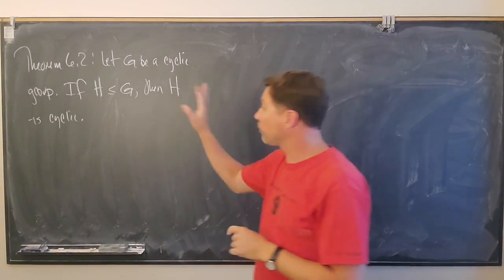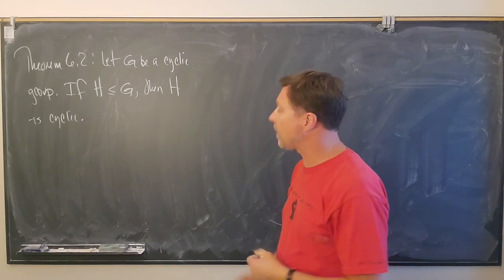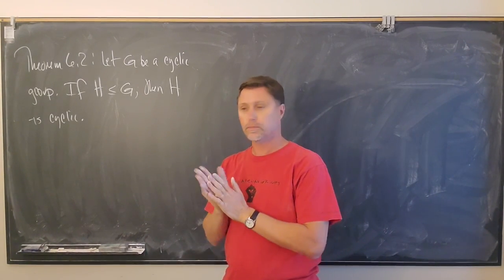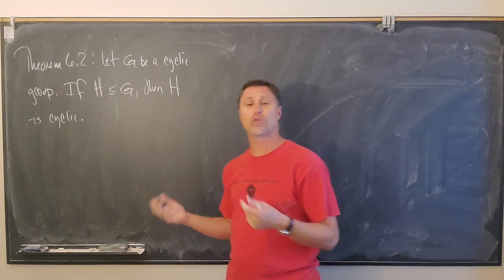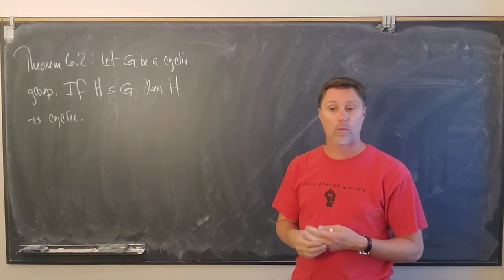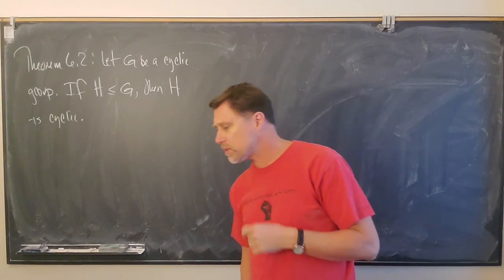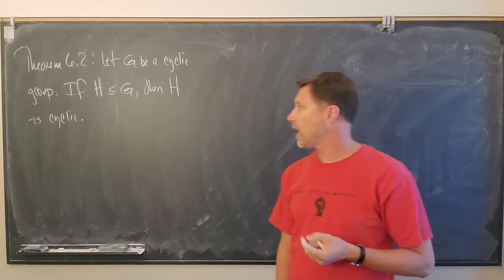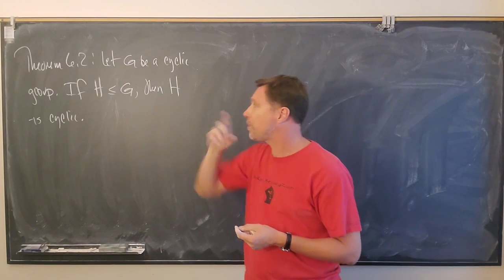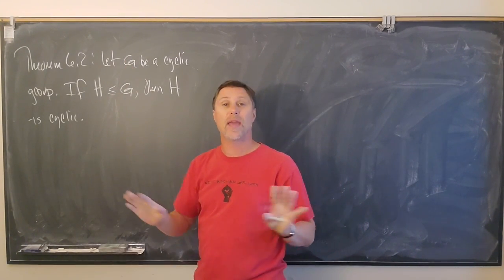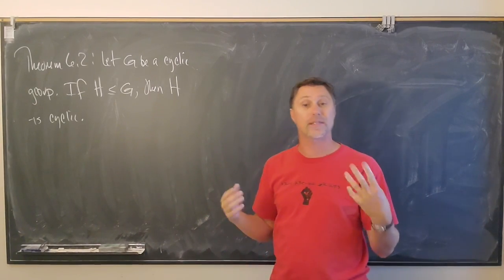So you can paraphrase this theorem like this. Subgroups of cyclic groups are cyclic. Anytime you have a certain type of group, one of the interesting questions, one of the things that you want to know about the group is what is the nature of the subgroups? And so this theorem tells us something very powerful. It says if you start off with a cyclic group, you can't have any subgroups except other cyclic groups, right?